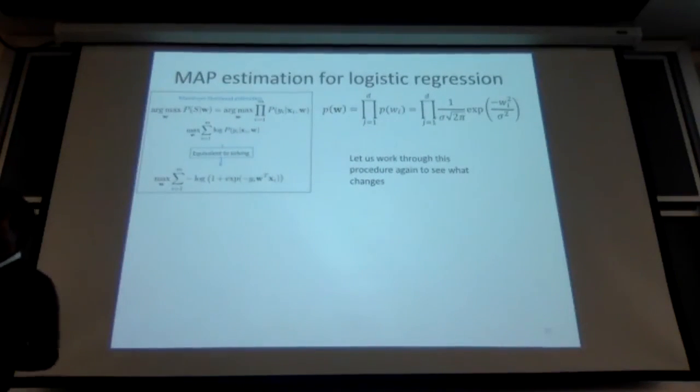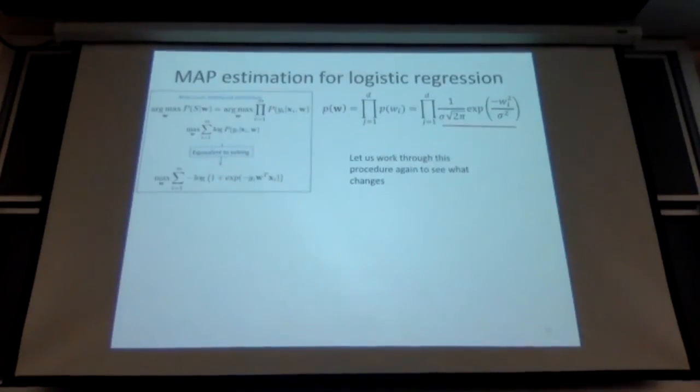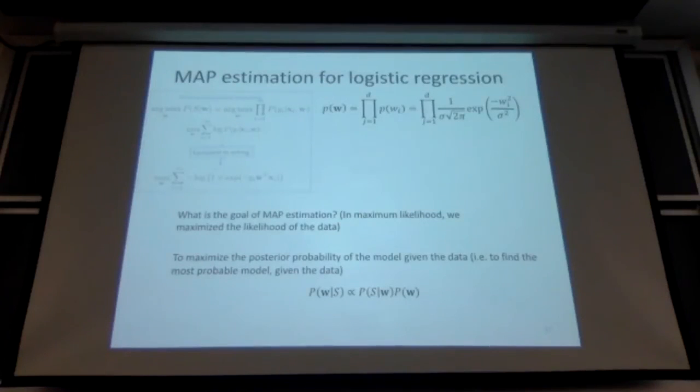So we have the prior of W, which is just the product over all the normal distributions. We're going to go through the whole procedure again, but very quickly, because most of it is just copy paste from the other thing. Our goal is MAP estimation, and we want to maximize the posterior probability of the weights given the data.